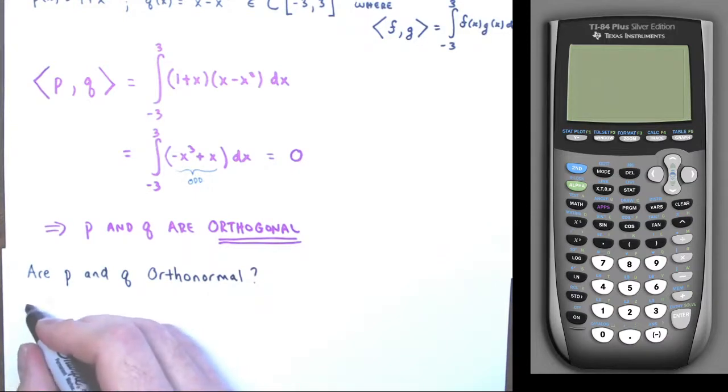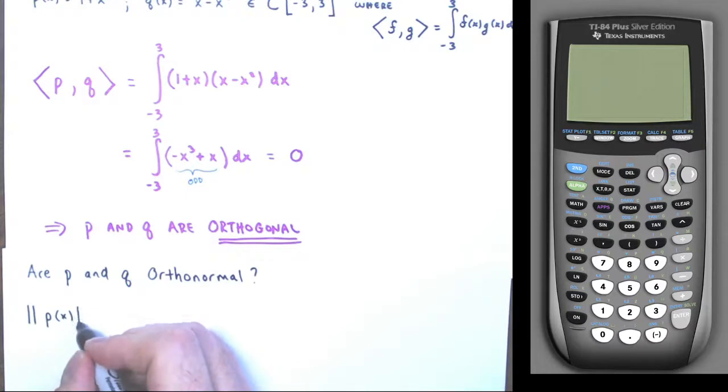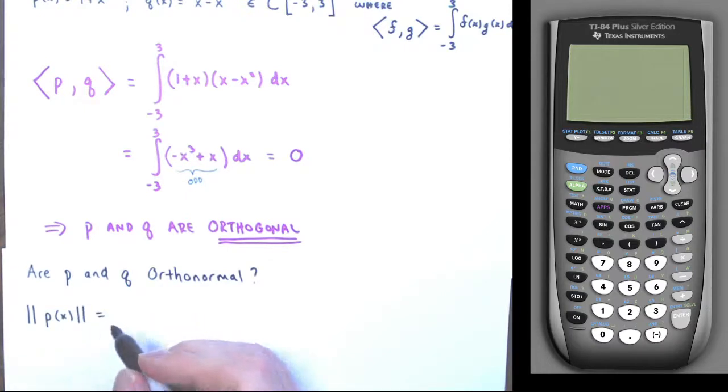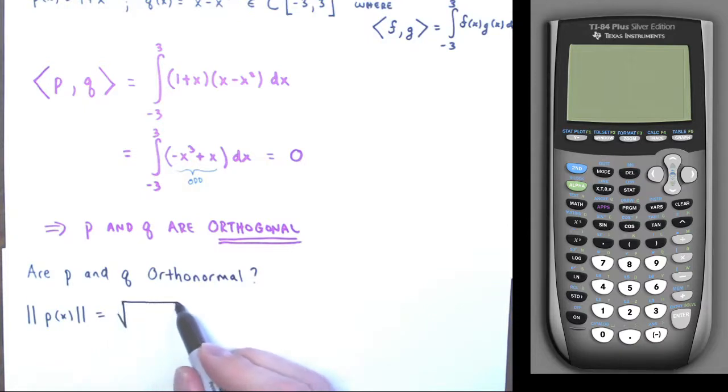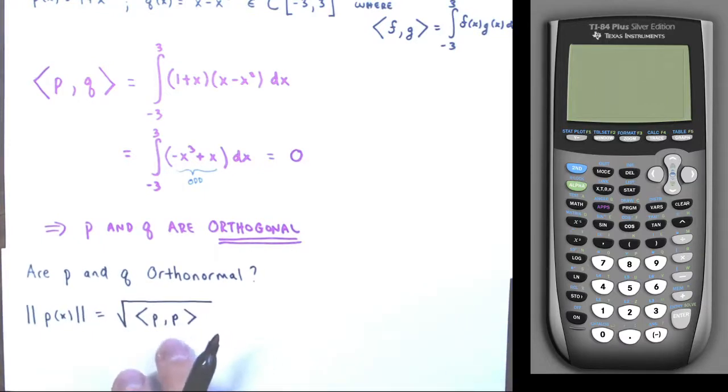So let's find the norm of P, the norm of P of x. Remember, the norm is defined as the square root of the inner product of that vector with itself. I'll just write P and P. What is this?